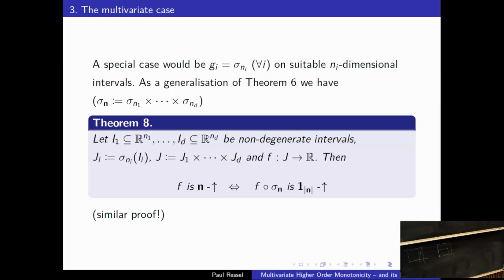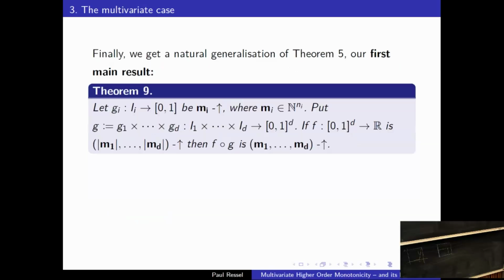And finally, we get a natural generalization of theorem 5 that I would consider the first main result here today. Let gi on some ni-dimensional interval be mi increasing, so not only just one, just any vector increasing. Mi is a vector in N to the ni.